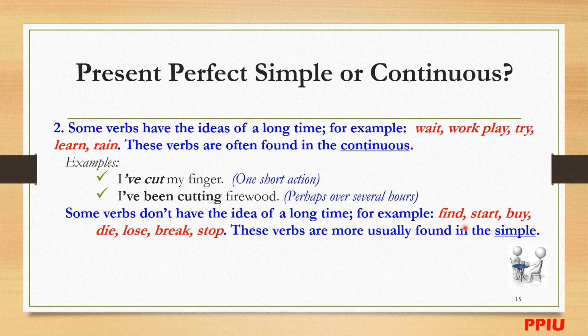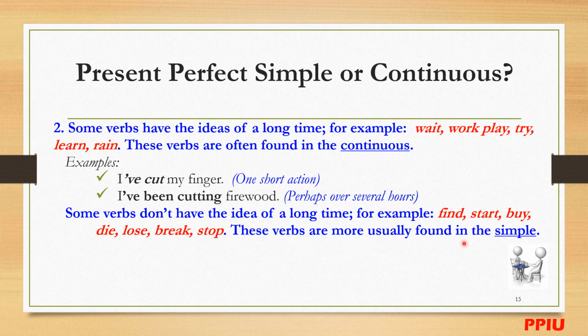For example, find, start, buy, die, lose, break, stop, and so on. Okay, they don't have the idea of long time. So these verbs are more usually found in the simple form or the present perfect simple.